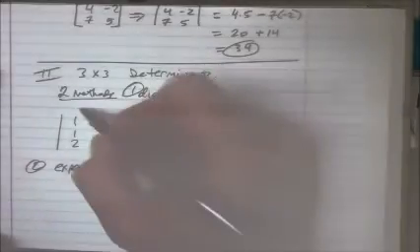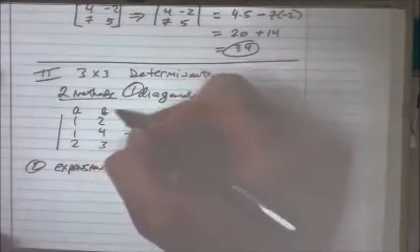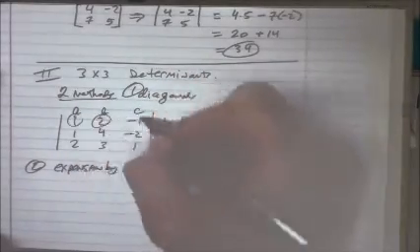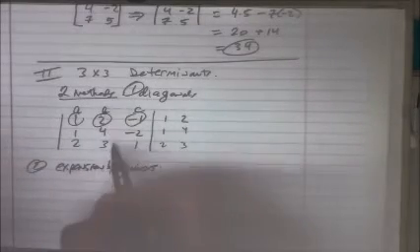I like it because it uses the 2 by 2s. It breaks this down into 3 smaller parts. We call this number A, this one B, and this one C. The formula is A times a minor determinant, a smaller 2 by 2, subtract B times another determinant, plus C times another determinant.